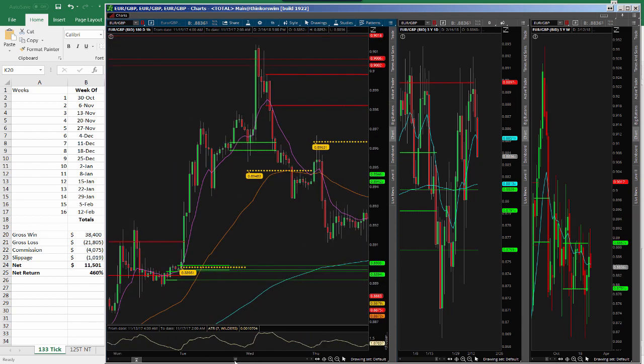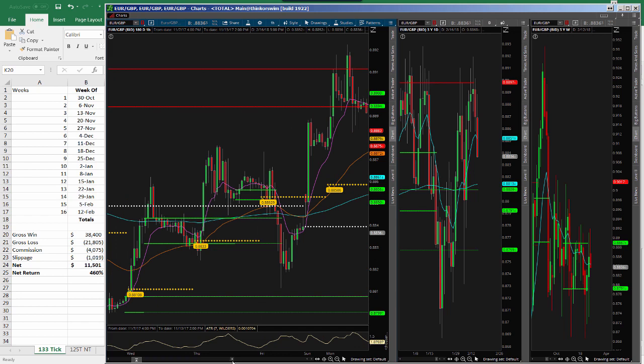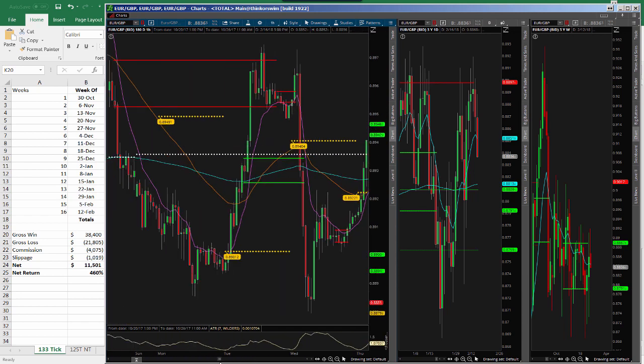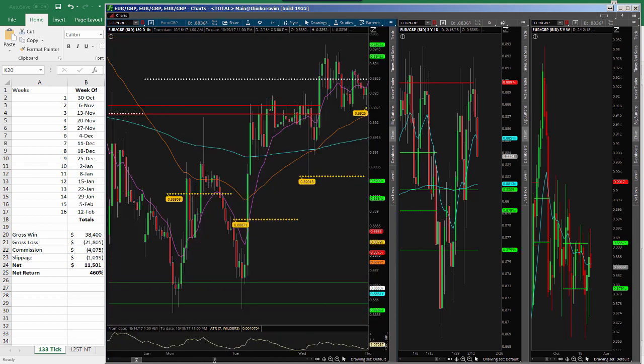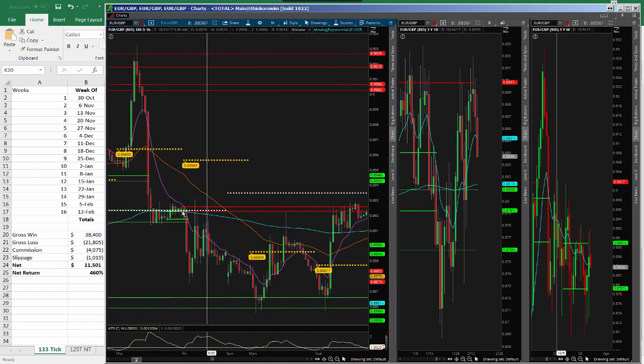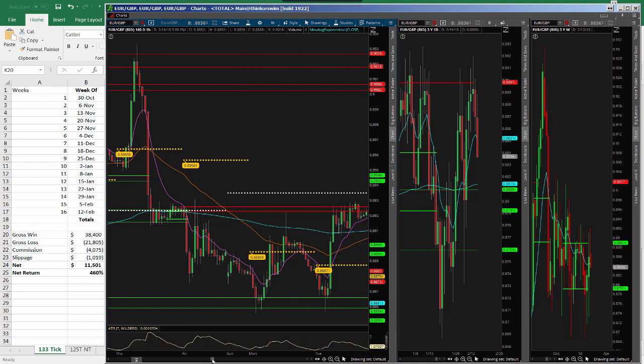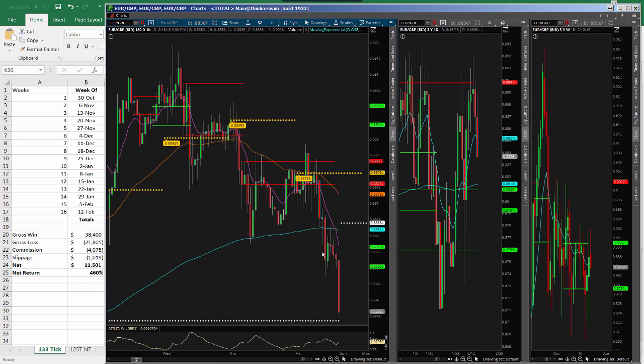Yeah, so you can see it doesn't happen very often, so it's not going to add a whole lot of trades. I have one right there. But even if this thing adds, I don't know, 10 trades a year, still 10 trades a year, right?